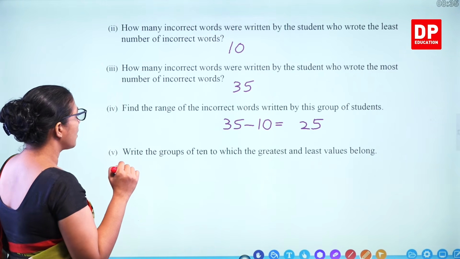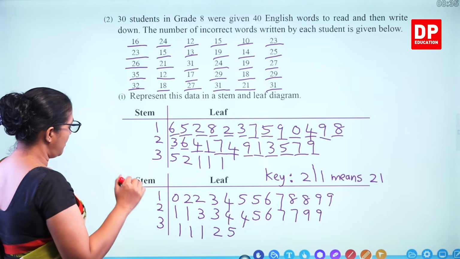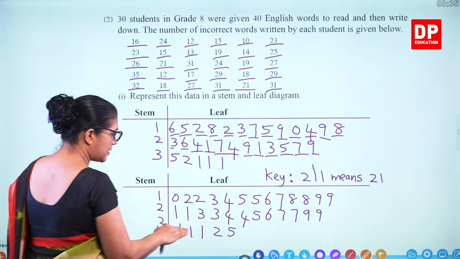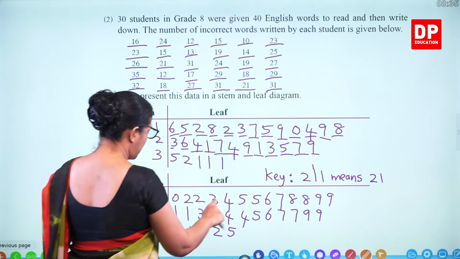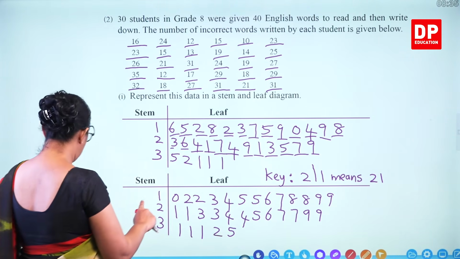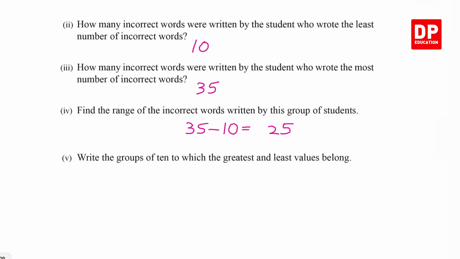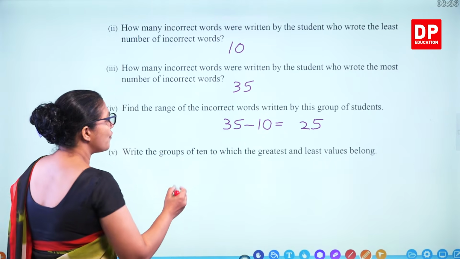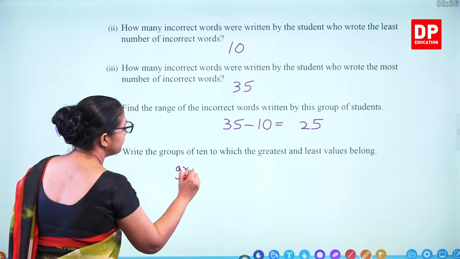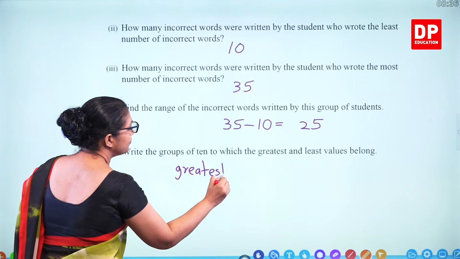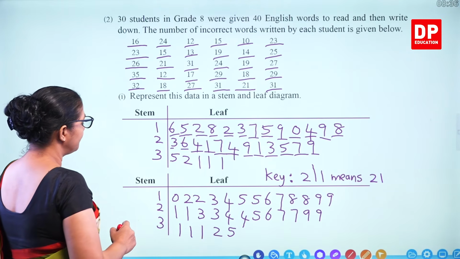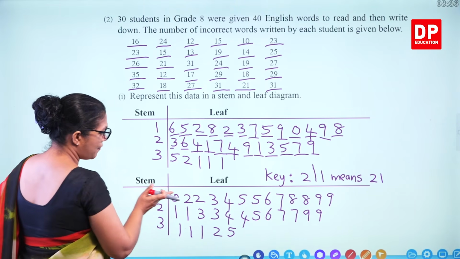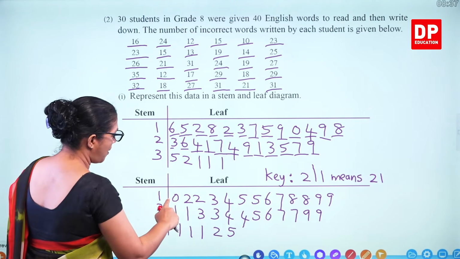Write the groups of 10 to which the greatest and the least values belong. So that means which group? 30s. Highest is, write the groups of 10 to which the greatest and least values belong. So first we'll say greatest. So we can see the first row, you get greatest numbers.